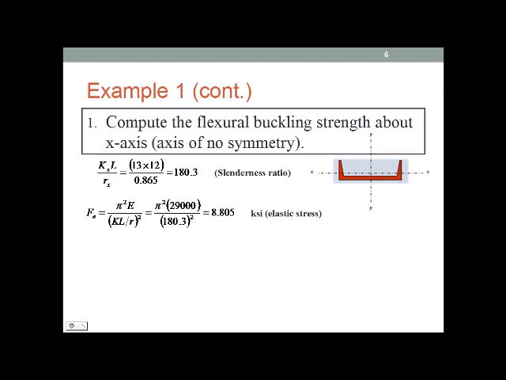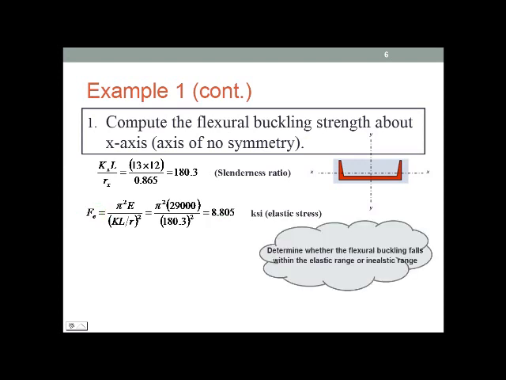Compute the elastic stress, Fe. If we substitute for the unknowns in this equation, we will get Fe of 8.805 ksi, where E is the modulus of elasticity of steel. The modulus of elasticity of steel is 29,000 ksi.